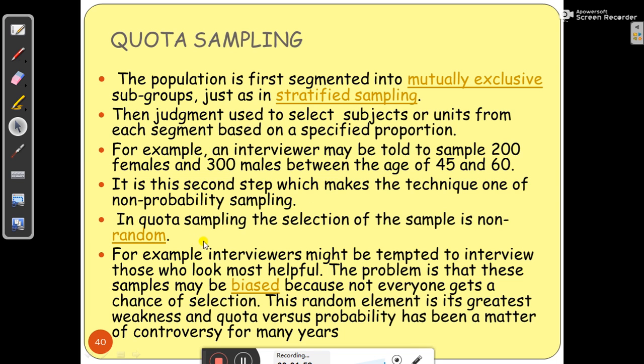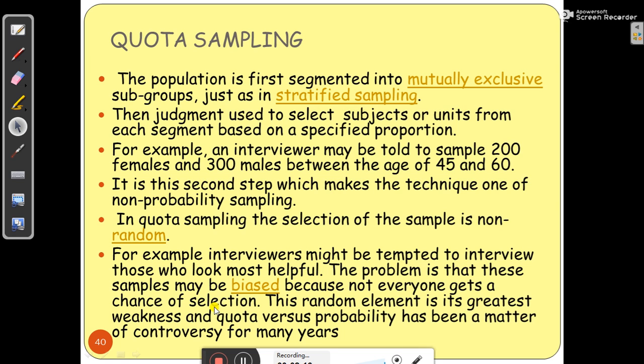In quota sampling, the selection of the sample is non-random. For example, interviewers might be tempted to interview those who look most helpful. The problem is that these samples may be biased because not everyone gets a chance of selection. That is the problem of non-probability sampling.